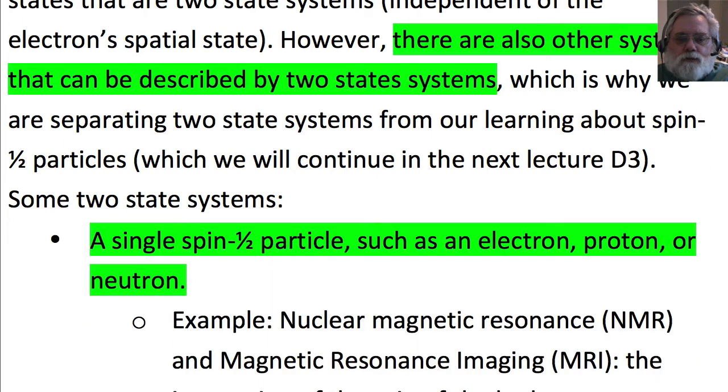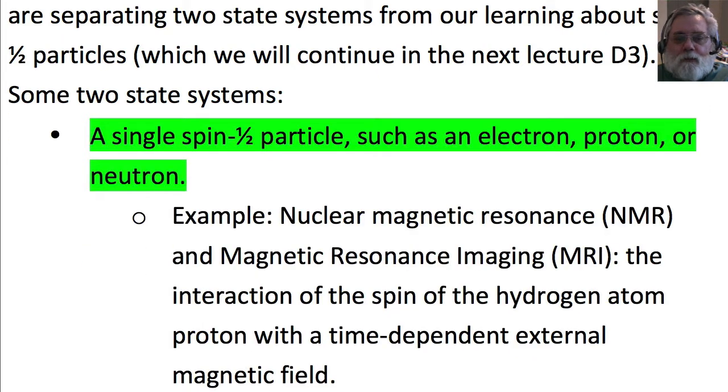So, some two-state systems. A single spin 1/2 particle, such as an electron, proton, or neutron. For example, nuclear magnetic resonance, NMR, and magnetic resonance imaging, MRI. The interaction of the spin of the hydrogen atom's proton with a time-dependent external magnetic field.